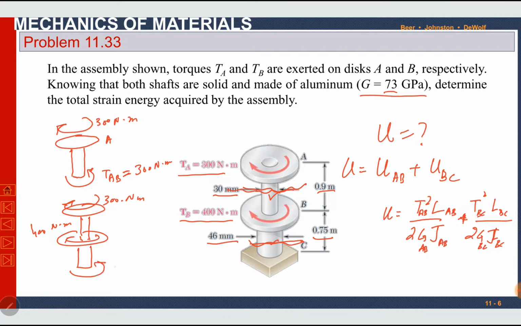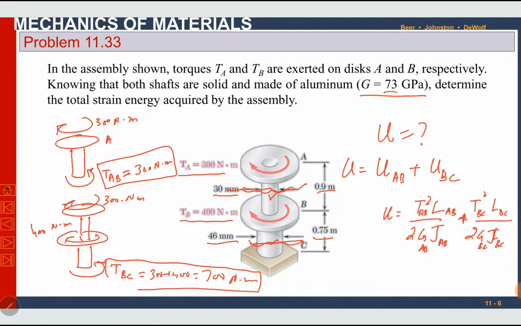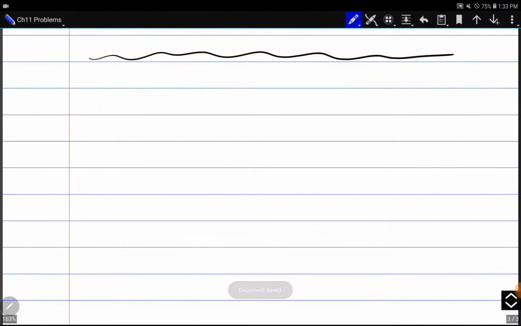Here will be reaction TBC. So it will be sum of the above two torques, 300 plus 400, it is equal to 700 Newton meter. So this has been done in chapter 3 already. I hope you understand it. TAB and TBC are calculated. We will use these two torques in our solution. Let us move towards solution.